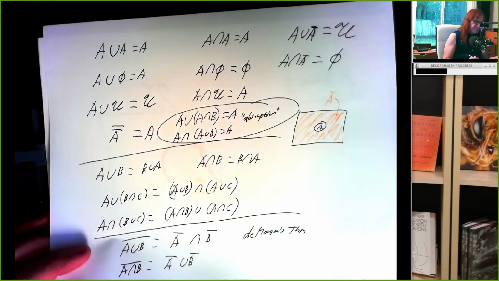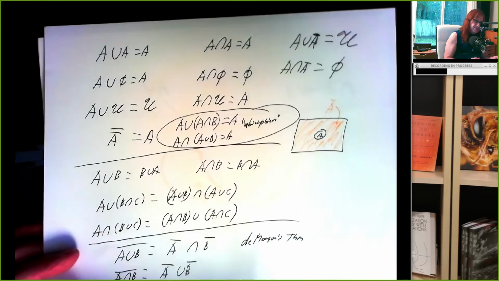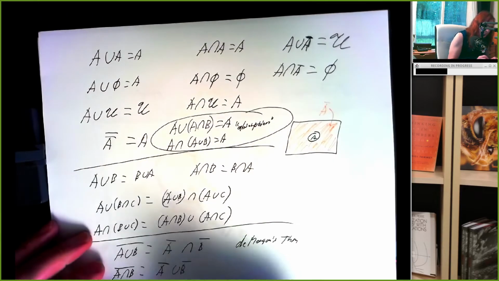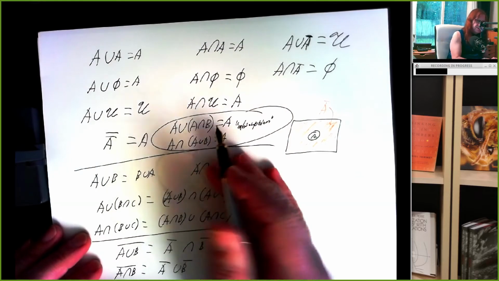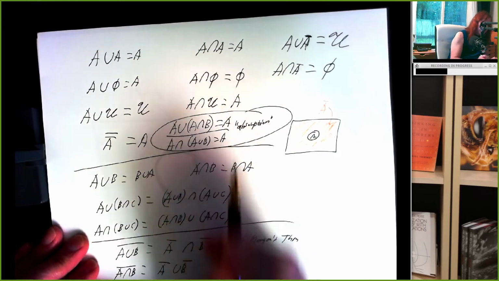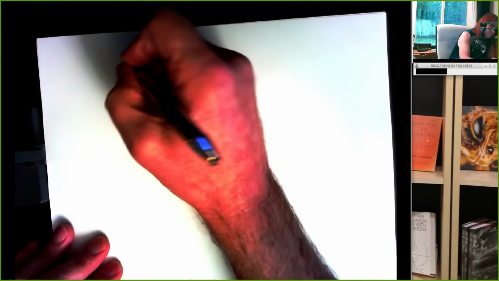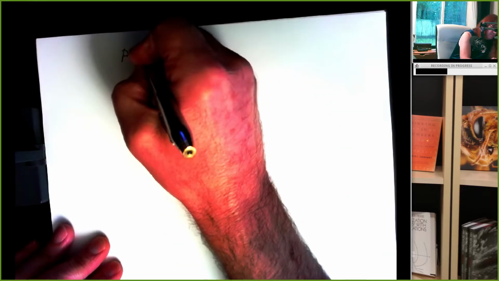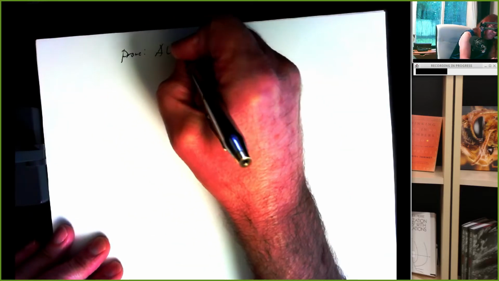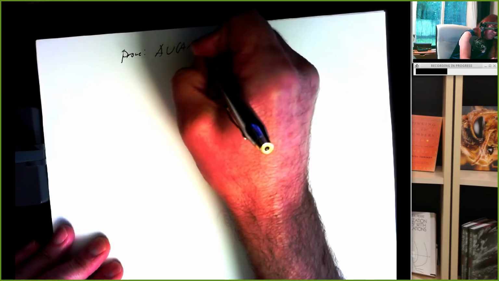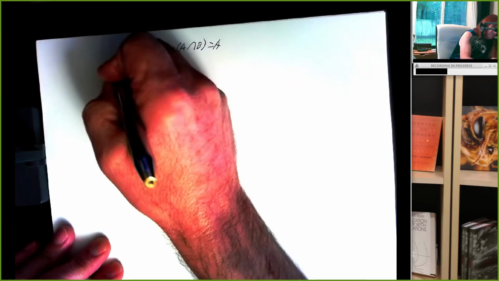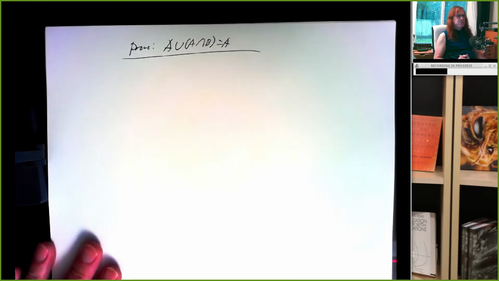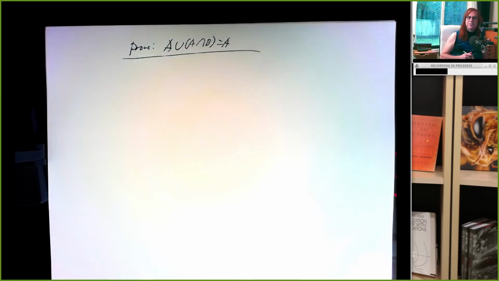And so let's try to prove that A union A intersect B is equal to A. Let's just prove this thing. And we want to prove this without doing too much work. We don't want to think too hard about this.